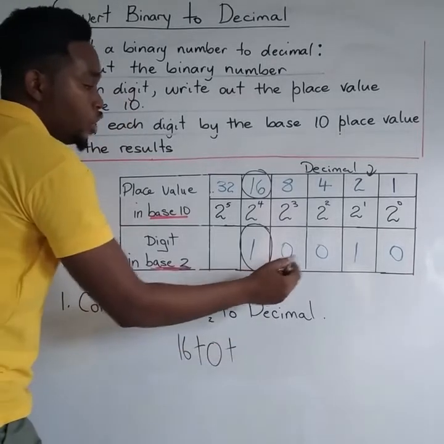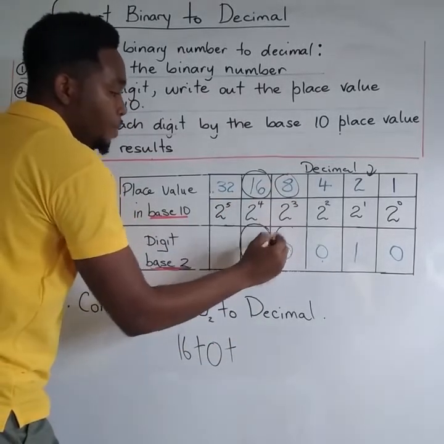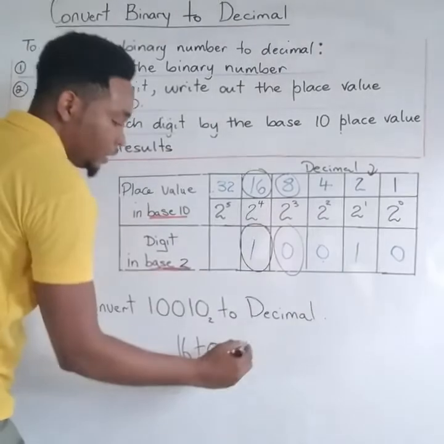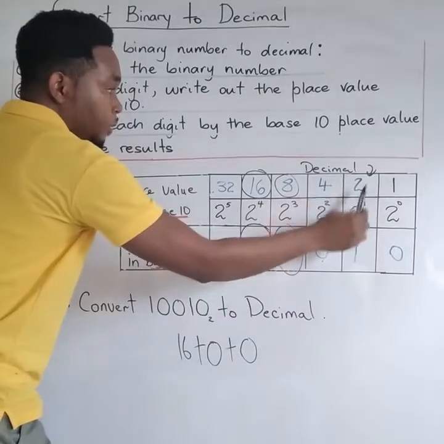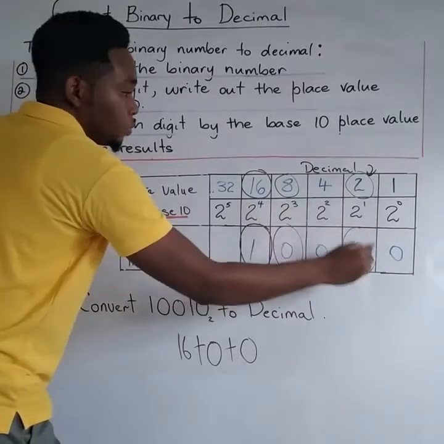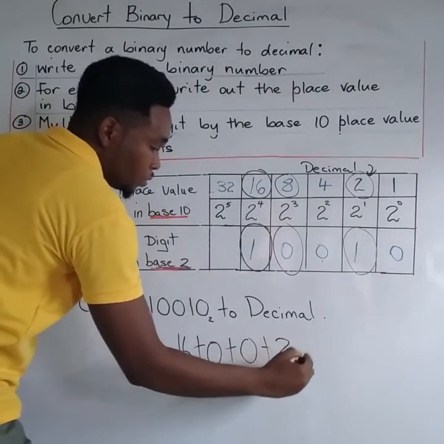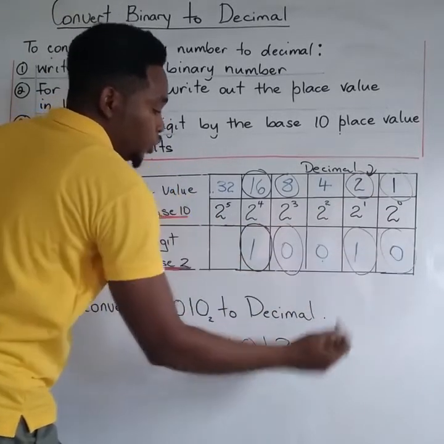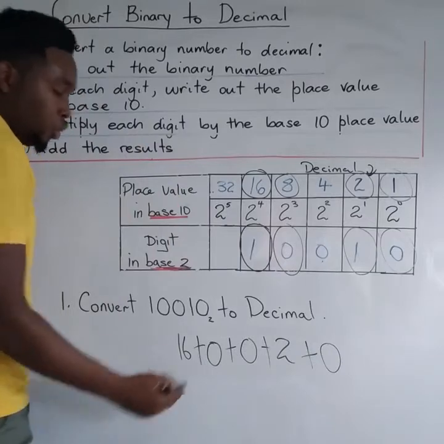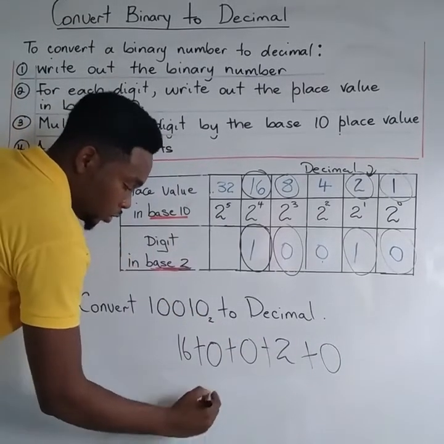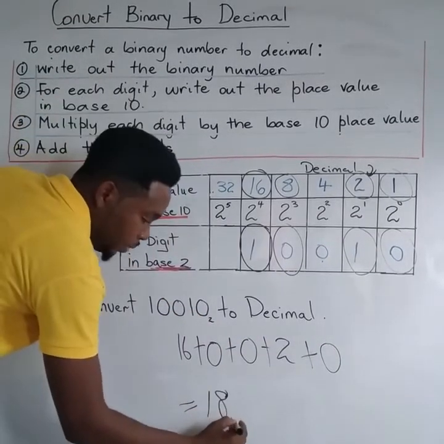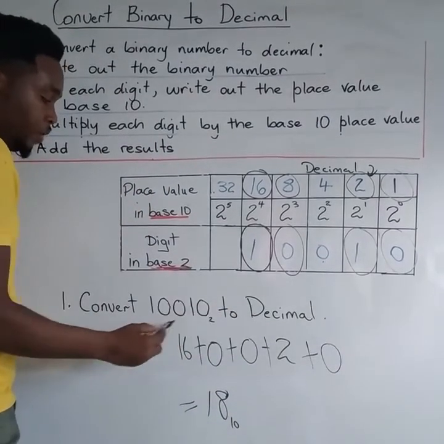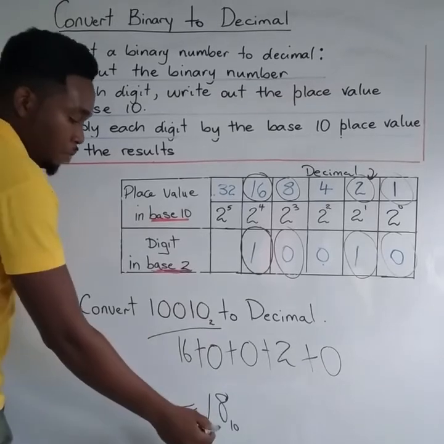We know that any number multiplied by 0 results in 0, so this one will also be 0. Plus 1 times 2 gives us back 2. Plus 0 times 1 results in 0. So we add our results and end up with 18 in base 10. So our decimal equivalent for this binary number comes back out as 18.